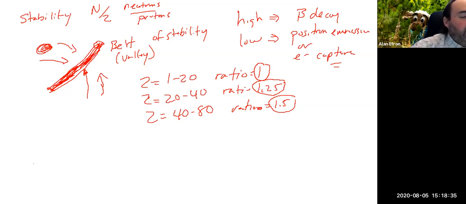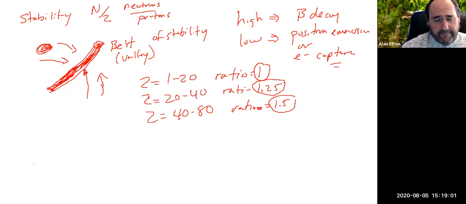If you have even values of protons and neutrons, that's your best situation. If you have two odd values for both the protons and the neutrons, that's the worst situation in terms of stability. There's only like 3 or 4 stable nuclei under that series.